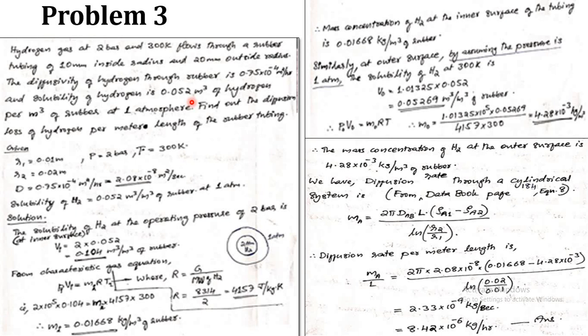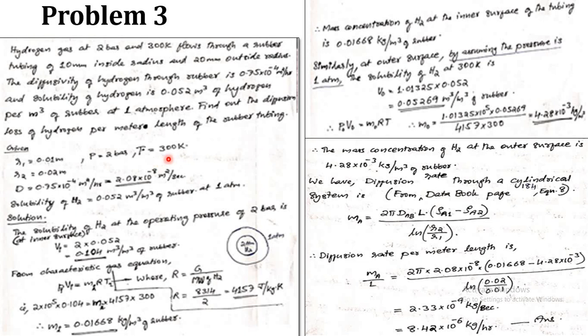It is given that the pressure at the inside is 2 bar, and the pressure at the outside is 1 atmosphere, atmospheric pressure. The temperature is also given, it's 300 Kelvin.